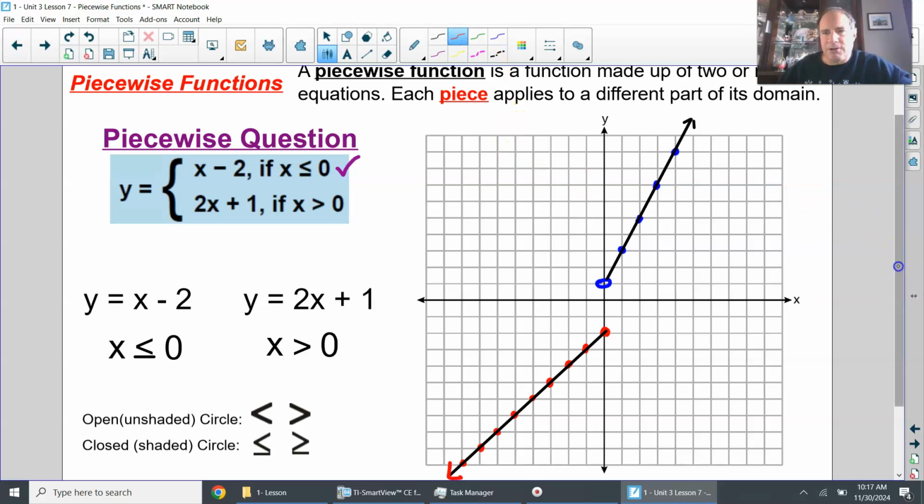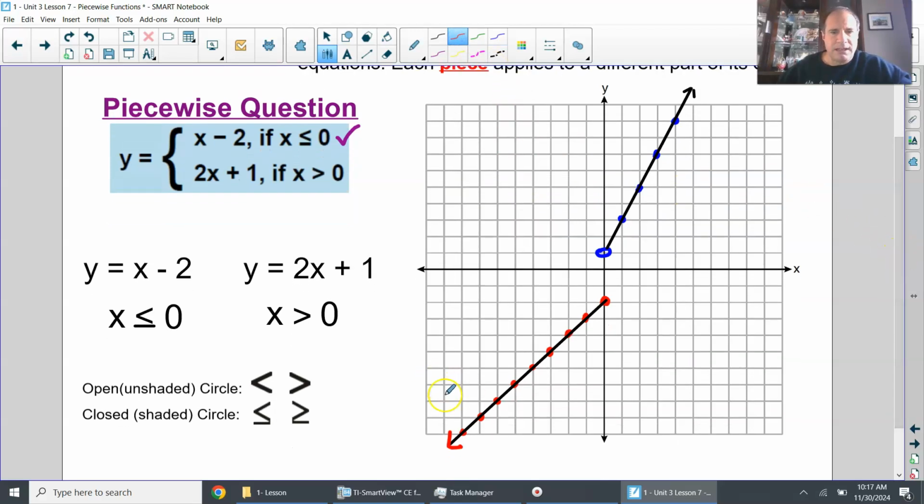I can't forget to put labels on. So this is y equals x minus 2, and I'm going to put a semicolon, x is less than or equal to 0.